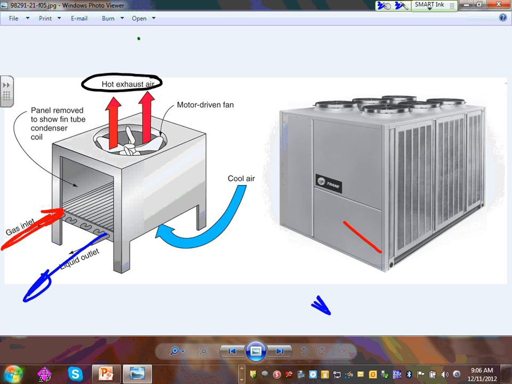You've seen this in your air conditioning. And out of here comes hot air. What they do in an integrated system, guys, is they take this hot air and they heat your water. That's how you take advantage of every single unit of energy that you have.